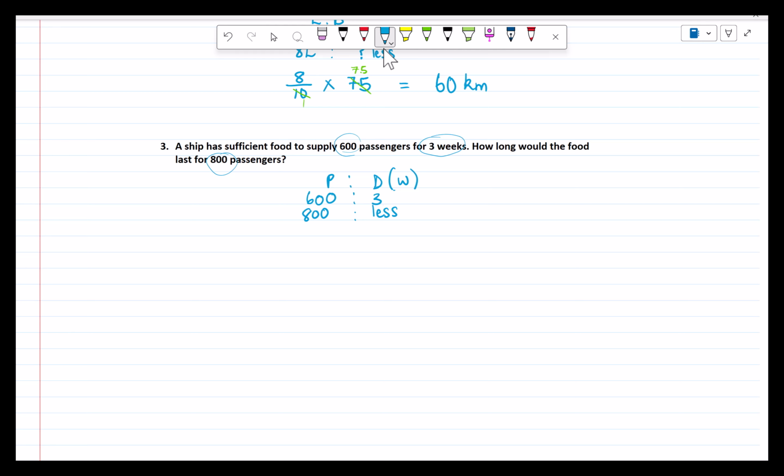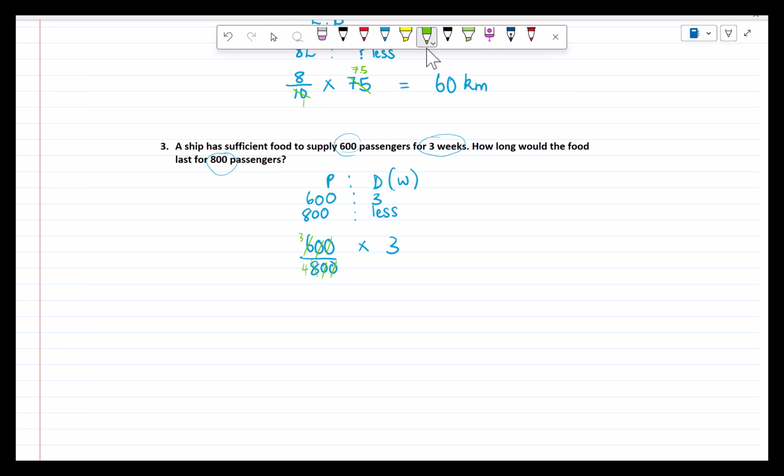So if we say it is going to be less, we are going to take the lesser number of the two between 600 and 800. So the lesser number is 600. So we say 600 over 800 multiplied by 3, and we cancel this 0 and this 0, this 0 and this 0, and we're left with 6 over 8 times 3. We can further simplify this, whereby we divide by 2 and we get a 3 and we get a 4.